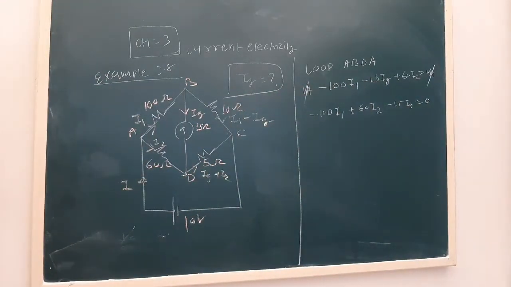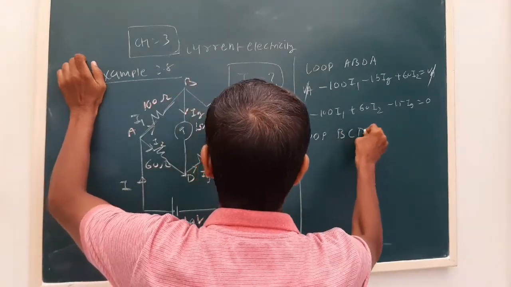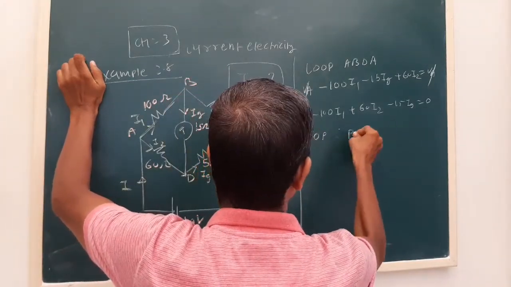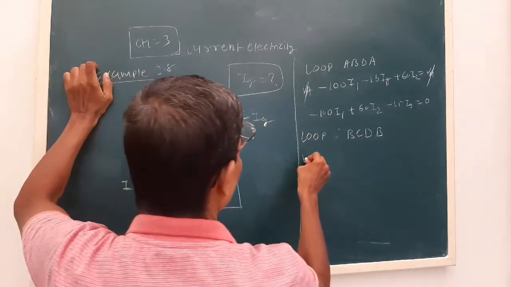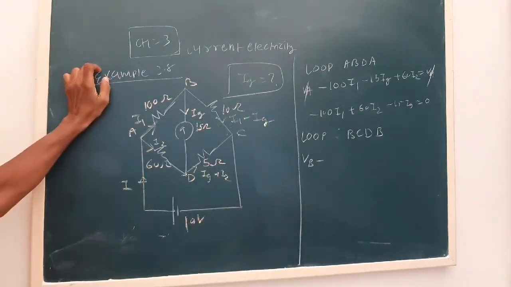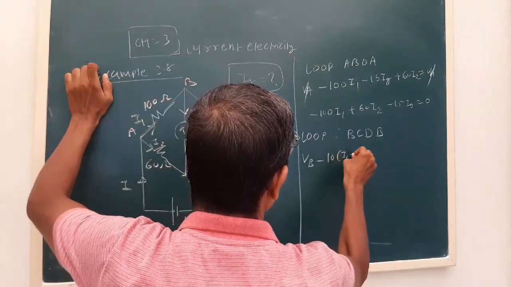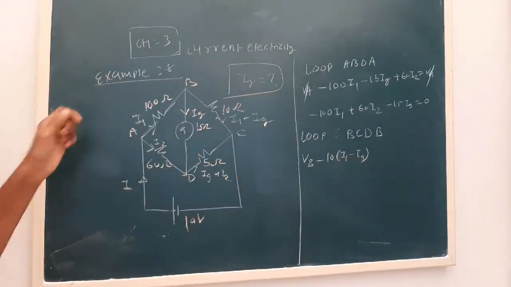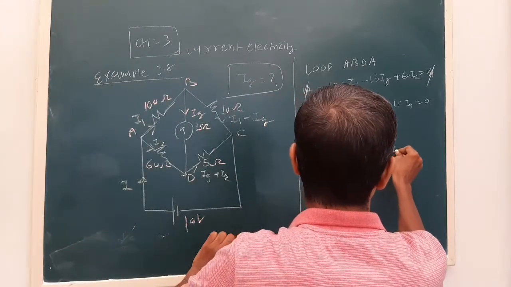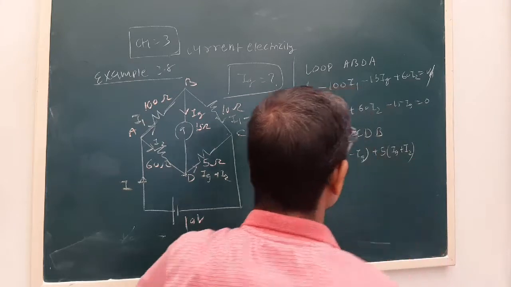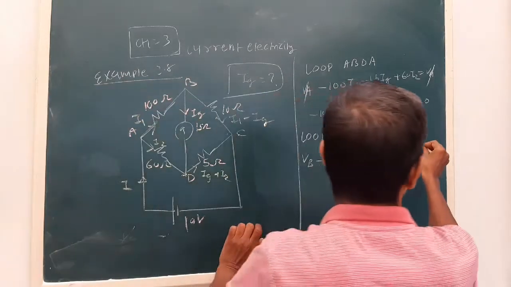Now similarly loop BCDB. We start from B, that is VB, minus BC part, minus 10 times I1 minus Ig. In CD the current is Ig plus I2. DA we are moving in the opposite direction of the current, plus 15 Ig.